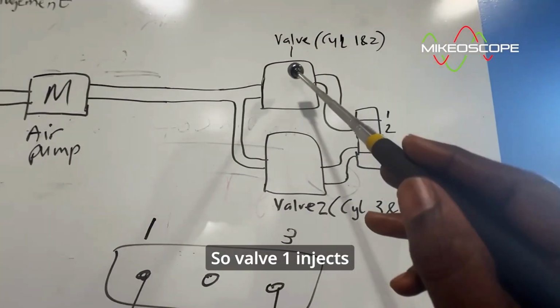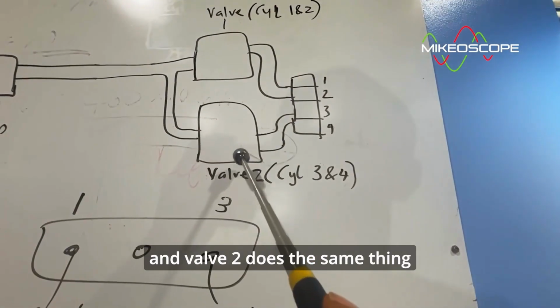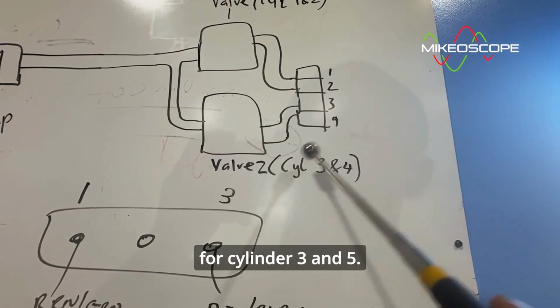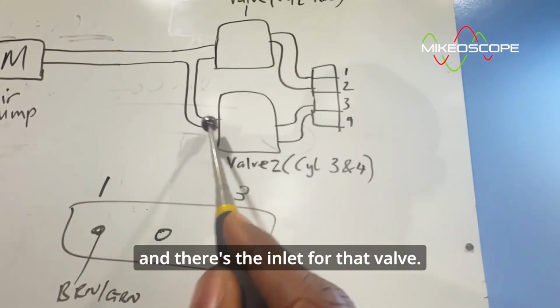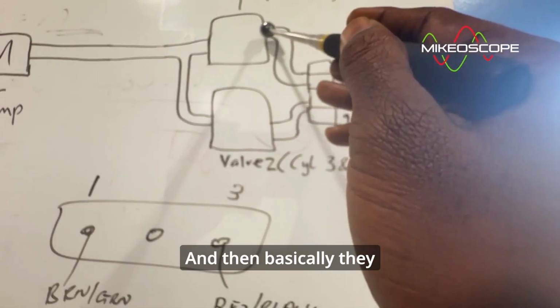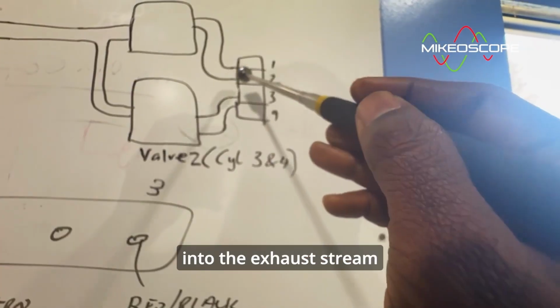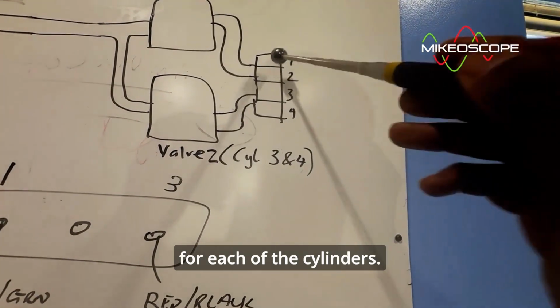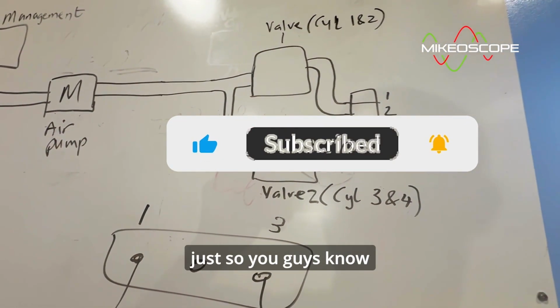So valve 1 injects pressure into the exhaust streams of cylinder 1 and 2. And valve 2 does the same thing for cylinder 3 and 4. So this is the inlet for the valve, and that's the inlet for that valve. And then basically, they have individual outlets, and both outlets go into the exhaust stream for each of the cylinders. So that's a very simple schematic of what it looks like, just so you guys know what we're working with here.